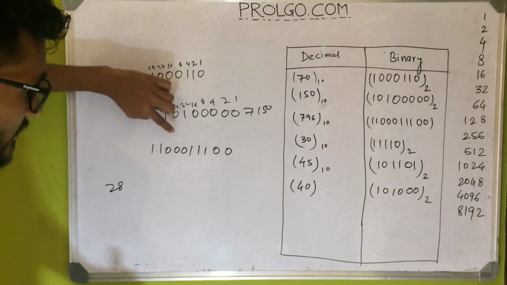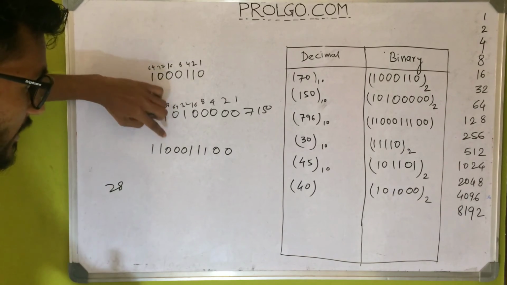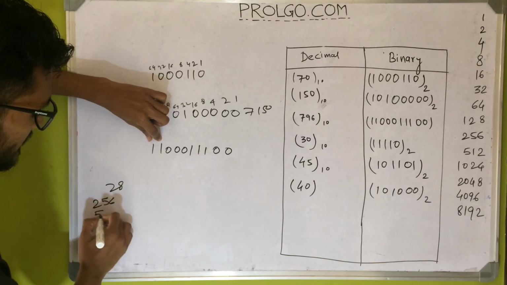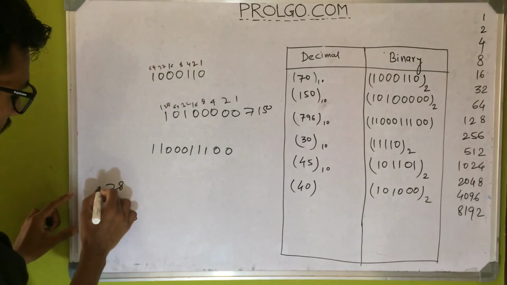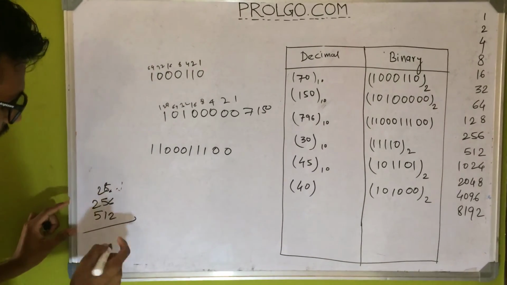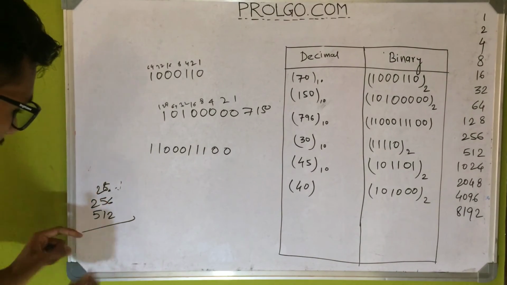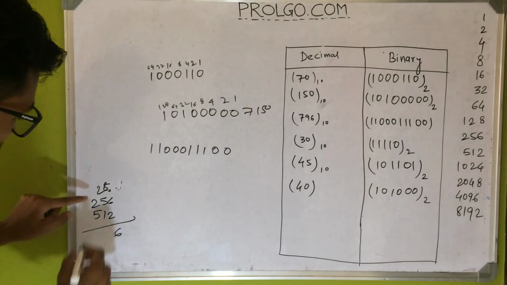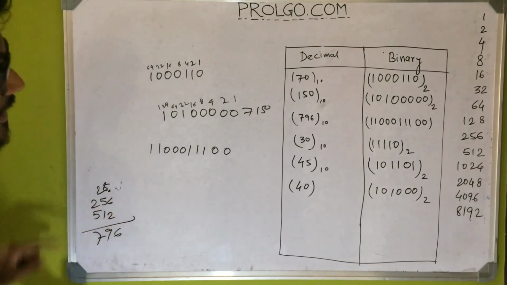Okay, 32, 64, 128, 256 and 512. So you have to add 256 and 512. Add it here, it is 28. So 8, 2, 10, plus 6, 16, then 27, 9 and 796.